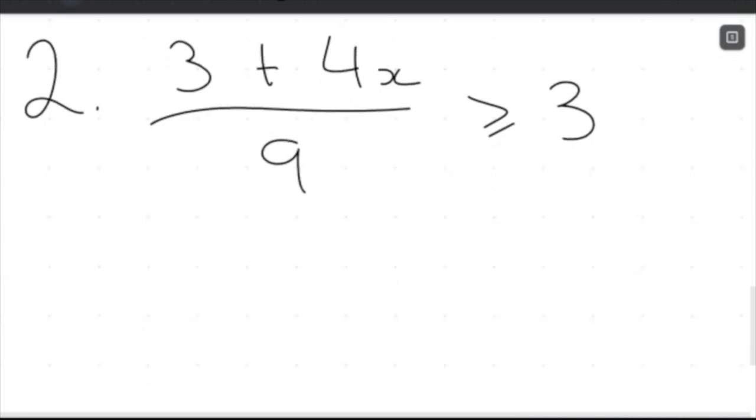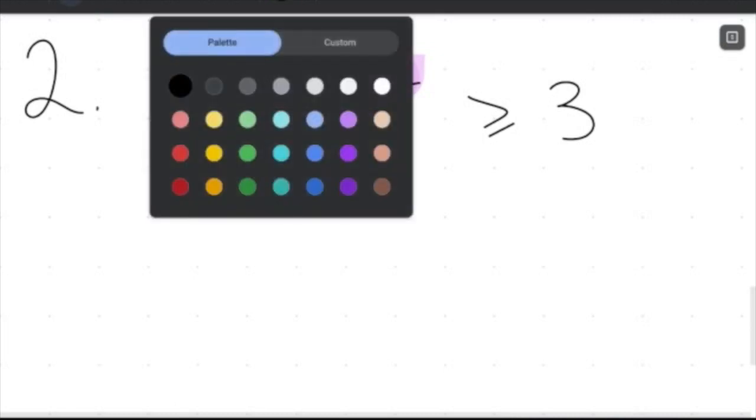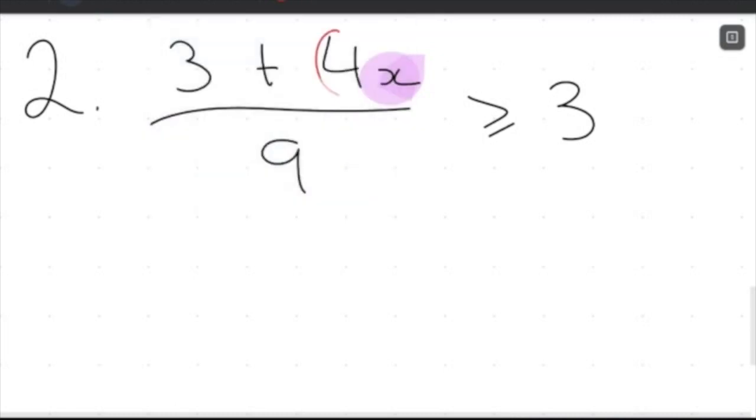And I can do it in the same way as I did when I solved my equations, in terms of the systematic approach. I'm looking at my x, and I can see first I multiplied by 4, then I added 3 to that, then I divided by 9. The dividing by 9 was the last thing I did.